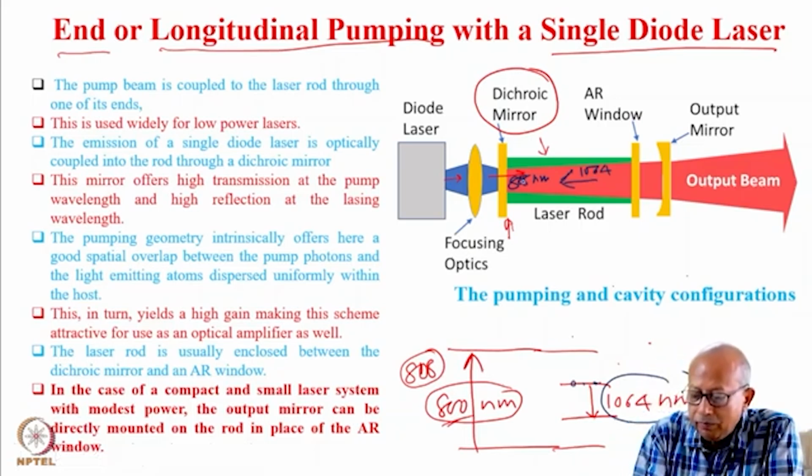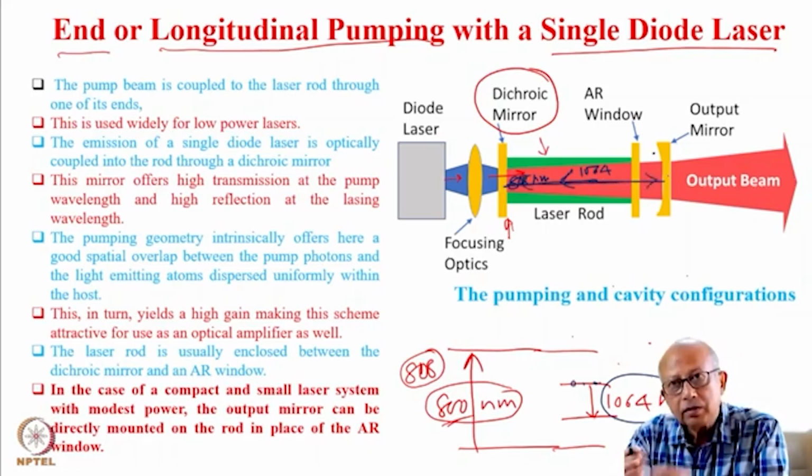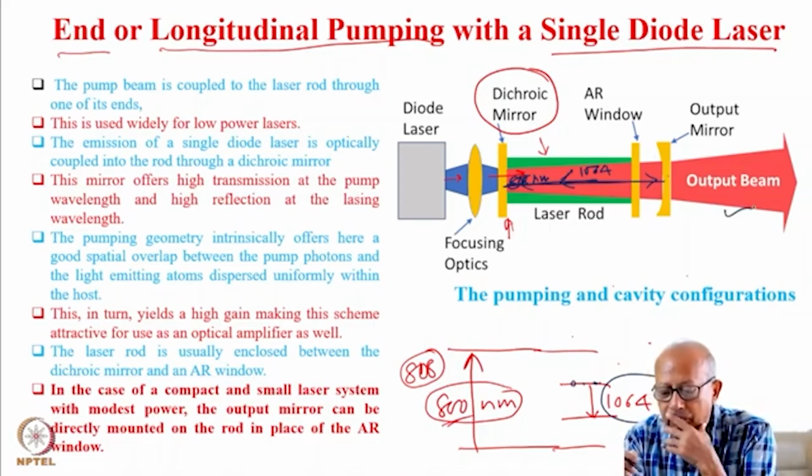Only then would oscillation of light back and forth be possible. This is the output mirror, which has appropriate reflectivity and some transmission loss to couple out the laser beam.